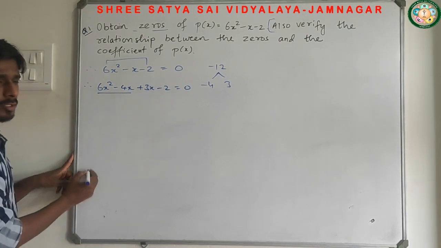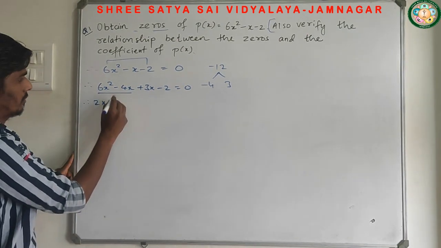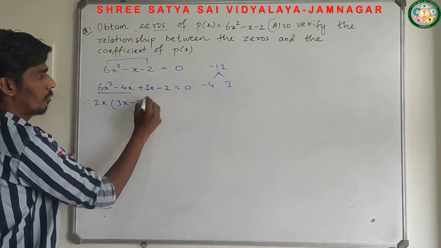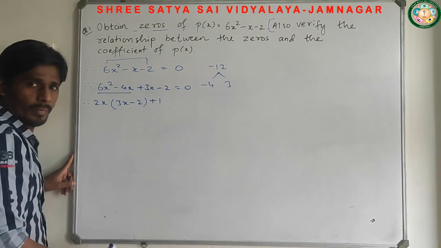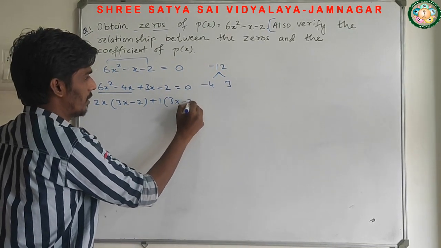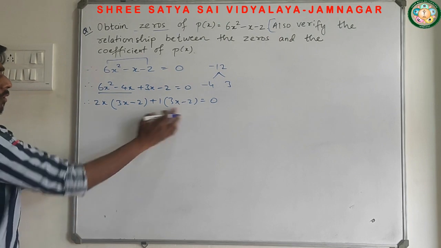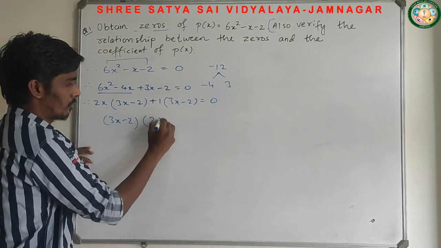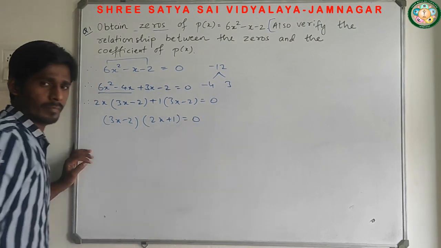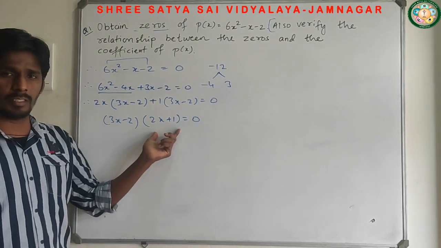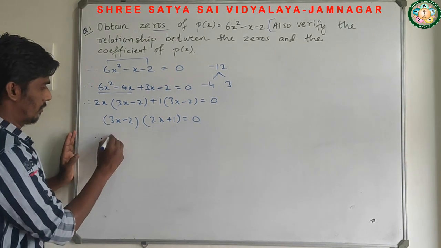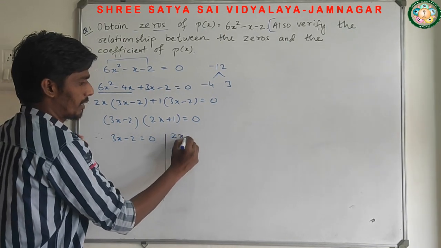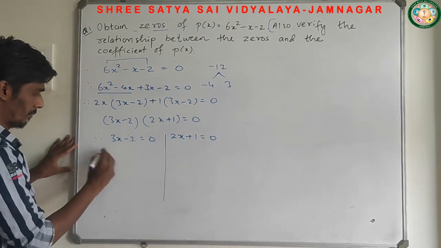What is common between them? 2x. So 2x common. Inside it will remain 2 3s are 6 minus 2. Nothing is common, so take 1 as common outside. So 3x minus 2 equals 0. Common bracket 3x minus 2. Then 2x plus 1 equals 0. Either this bracket is 0 or this is 0.